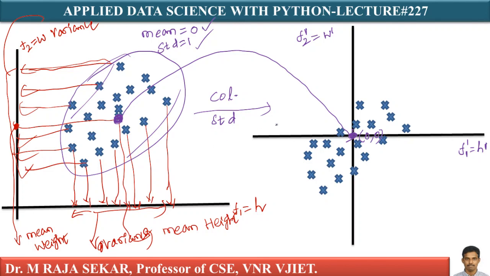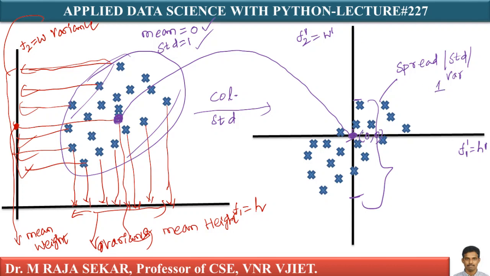I get this spread now. Just see the standard deviation. This is the spread, known as spread or standard deviation or variance, isn't it? In my new space, this value is 1, isn't it?